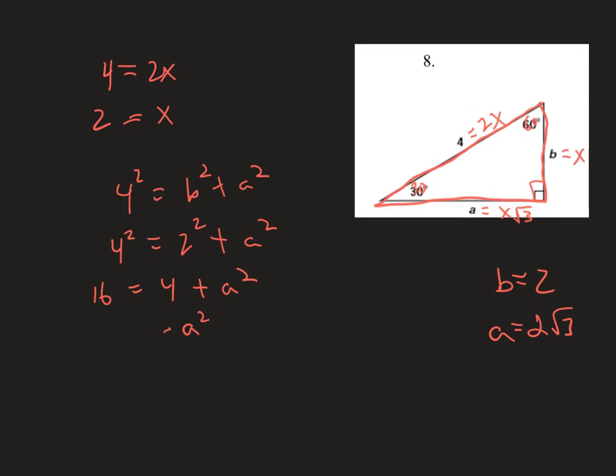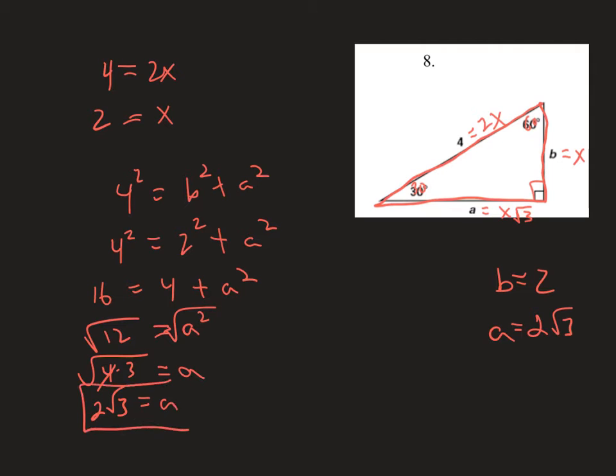So a squared is equal to 12, or a itself is the square root of 12. Square root of 12 is the square root of 4 times 3, or 2 rad 3. So the Pythagorean theorem works. But of course, special right triangles worked way faster. So the point is, you've got some options. Exercise your options. Work smart, not hard.